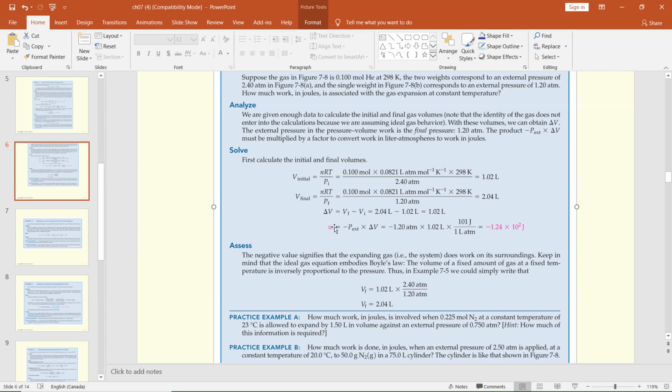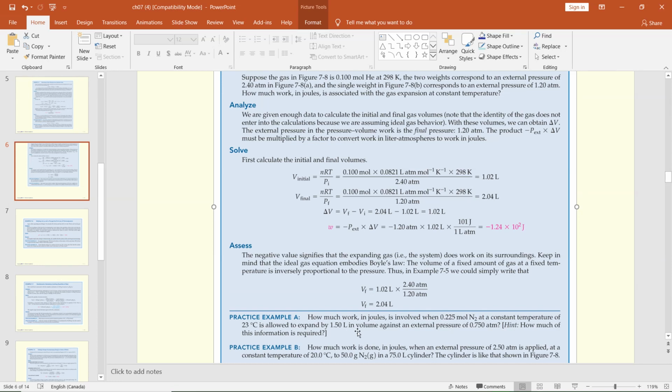So the work is minus P external. The external pressure is 0.75, so minus 0.75 times 1.5. And we get minus 1.125.